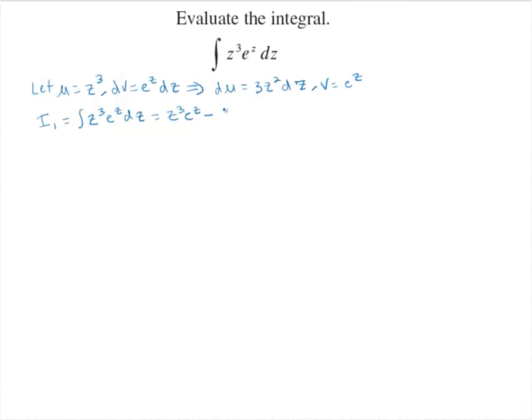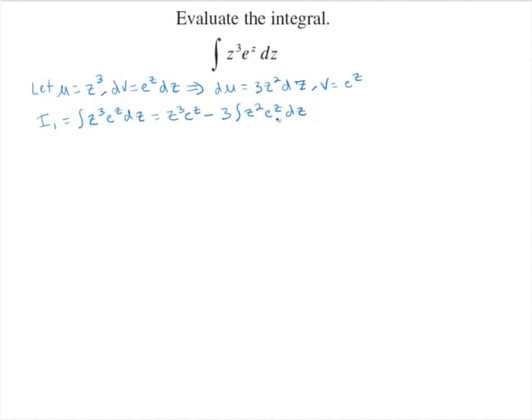So minus, and since du is 3z squared, we can put that 3 outside the integral. So minus 3 times the integral of z squared e to the z dz. Now here we have the z squared e to the z.